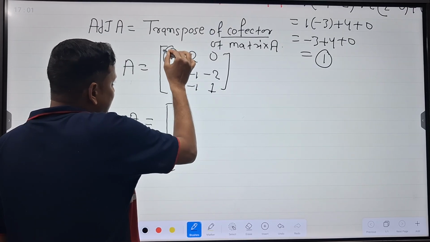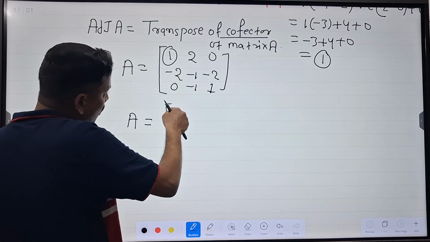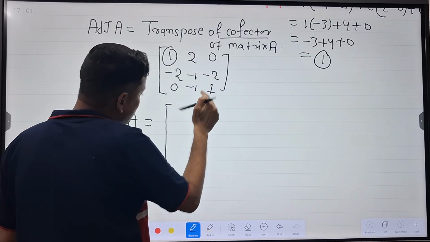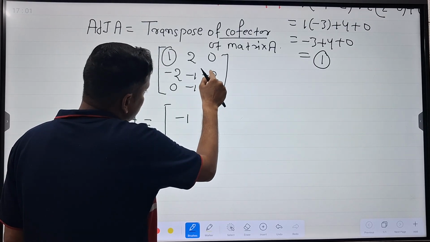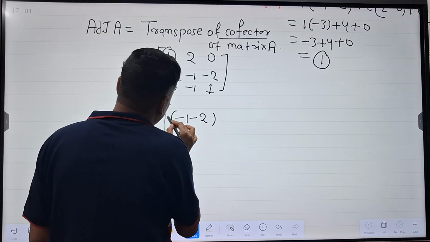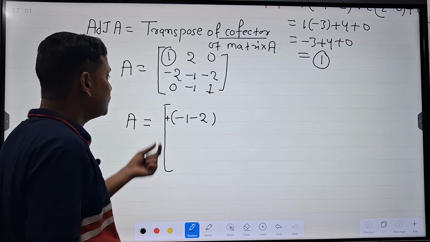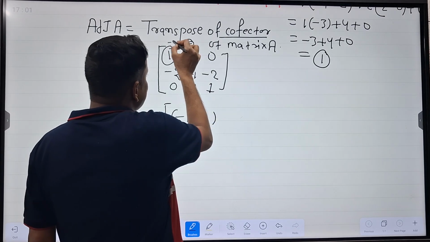For this element, what will be the cofactor? This row and this column will cancel. Minus 1 into 1 minus 1 into minus 2, which gives minus 2. That means this is the cofactor with sign. For this element the sign will be minus, here is minus, here is plus.